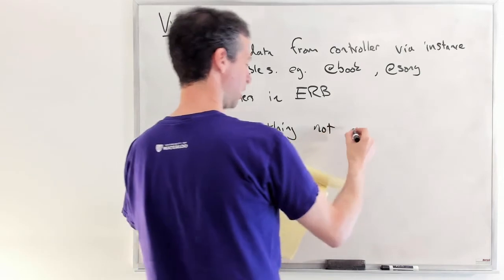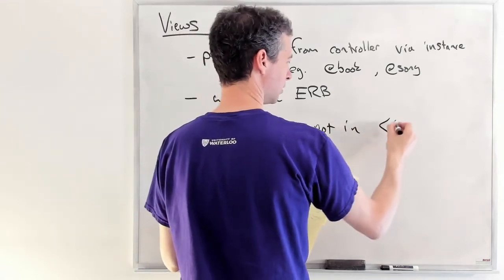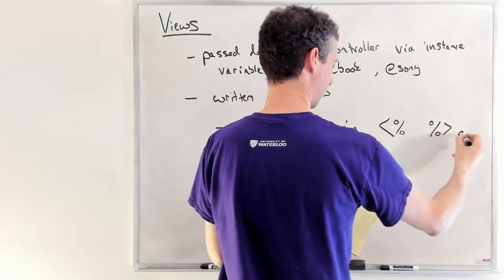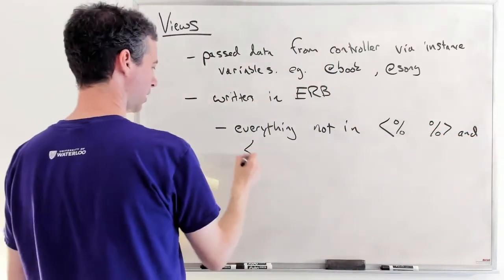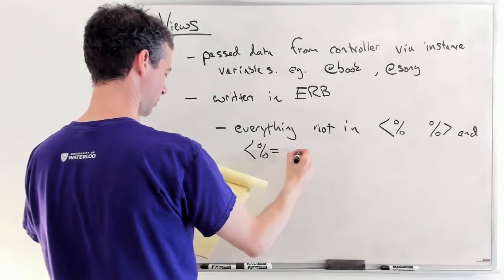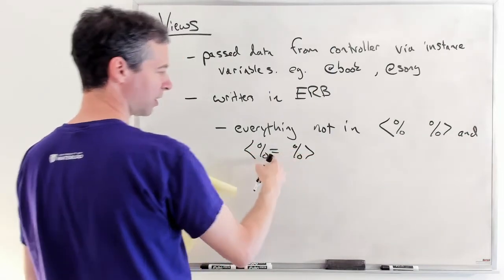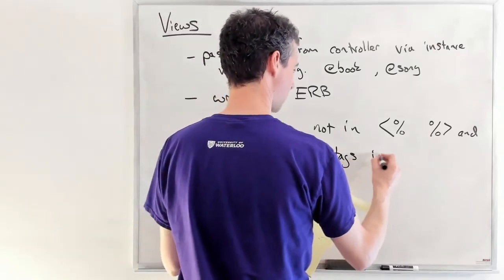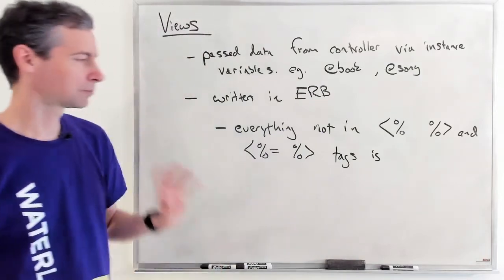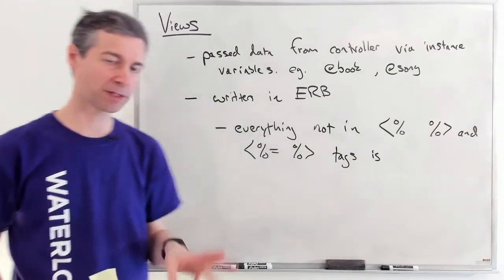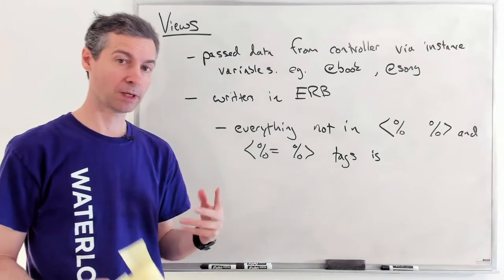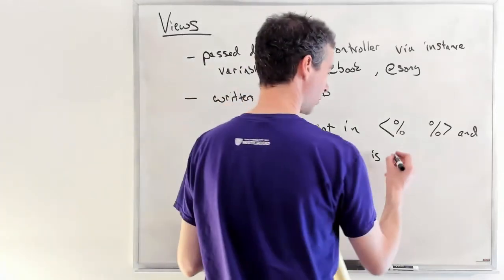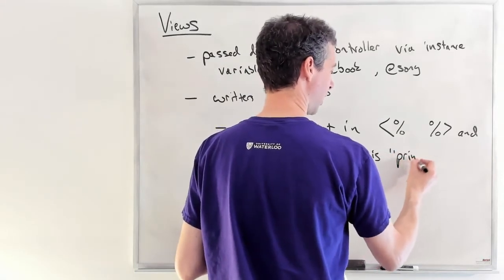Everything not inside of these tags and not inside of these tags, the difference being these tags here have an equal sign, is, now let's be really clear. I'm about to write something on the whiteboard and it doesn't mean what I'm going to say. So that's why it's going to be in double quotes. Printed out.